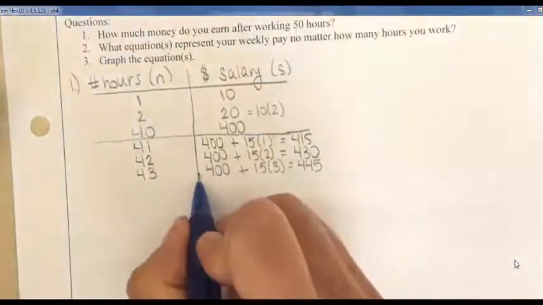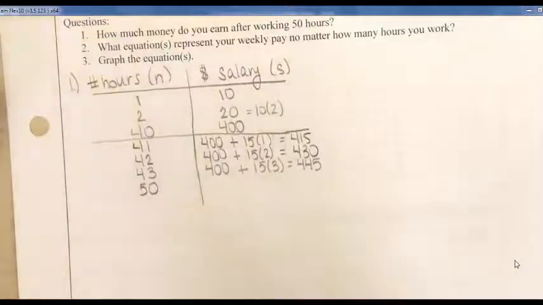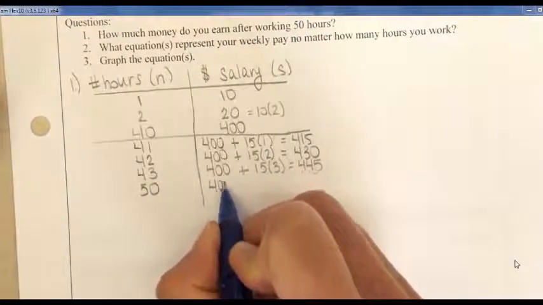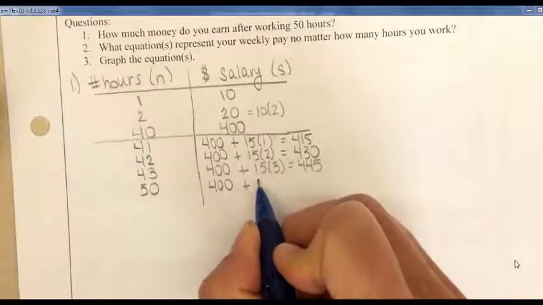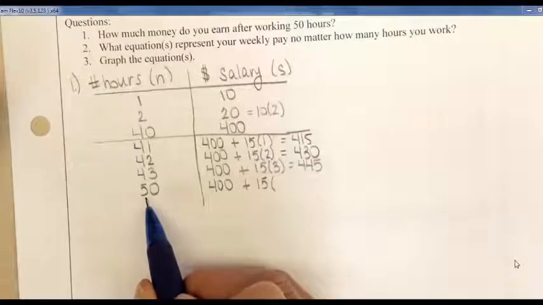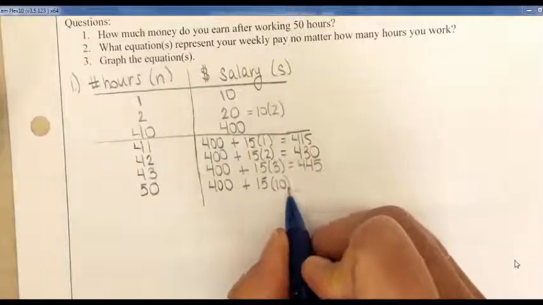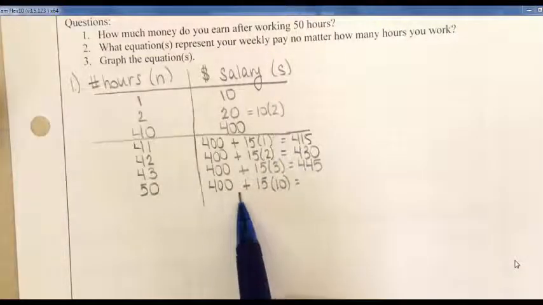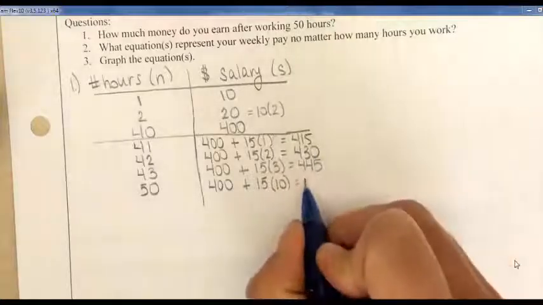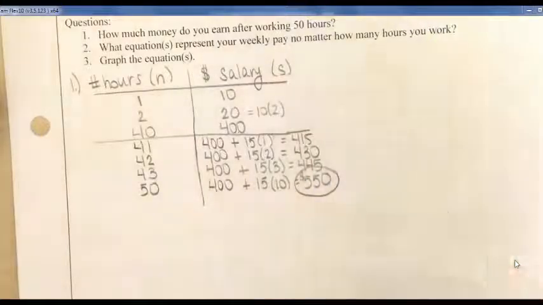If I'm working 50 hours, well, I'm going to get my $400 of original pay plus my $15 per hour of everything that's over 40 hours, right? So 50 hours is 10 hours over. So that's going to be 400 plus 15 times 10, or $550 if I work 50 hours.